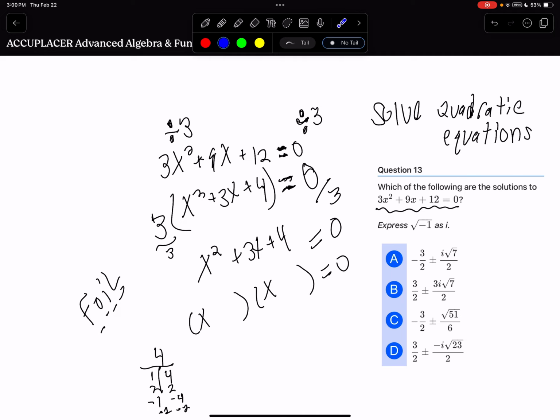So then I say, well, there is no real solution. If none of them will work, none of them add up to 3, there's a way to kind of tell this a little bit, but it's hard to memorize. So oftentimes, doing what I'm doing here will give you the answer. But these numbers are set up in such a way that there really doesn't exist two numbers that when you multiply them together, they give you 4, and when you add them up, they give you 3.